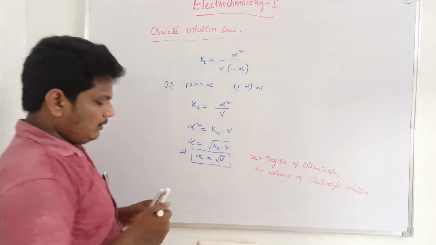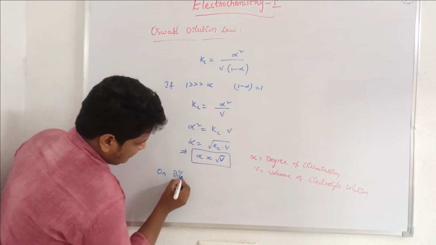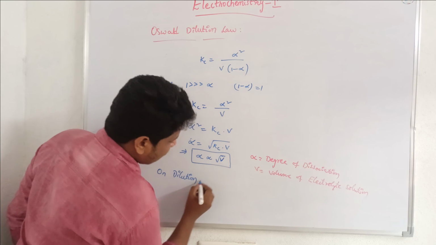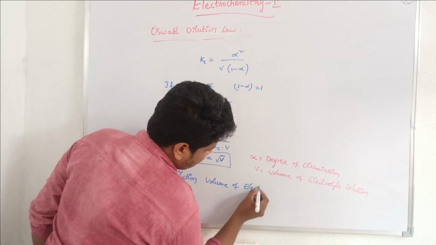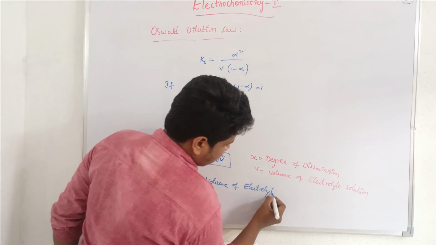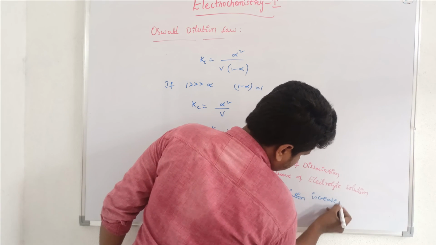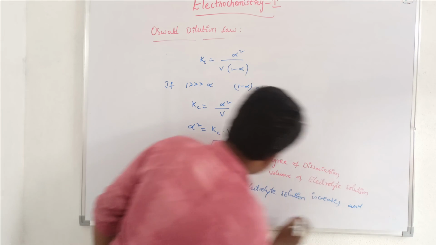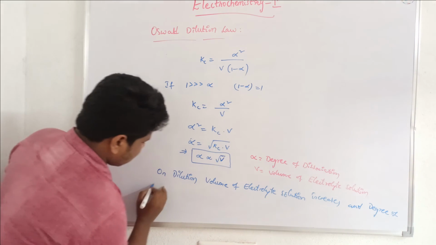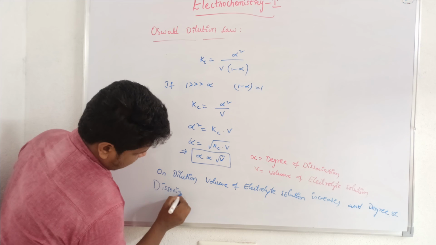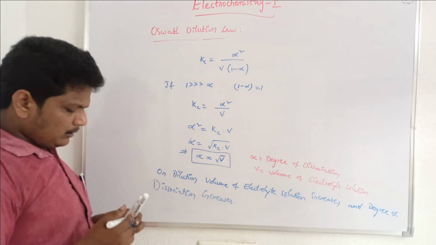On increasing dilution, the volume of the electrolyte solution increases and the degree of dissociation also increases.